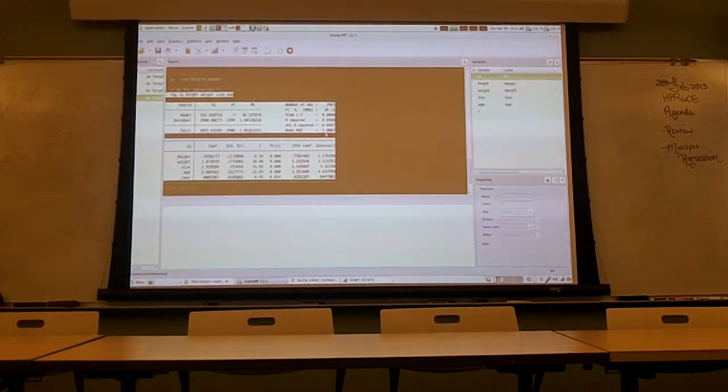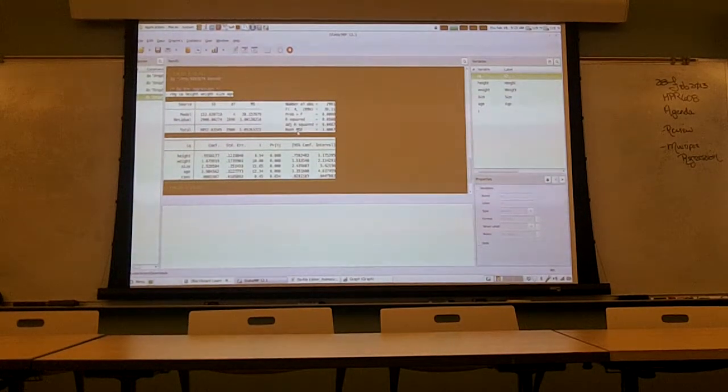Okay. And then we have this root MSE. Does anybody remember what MSE is? Mean square error. So what is that? That's the standard deviation around the regression line, right?